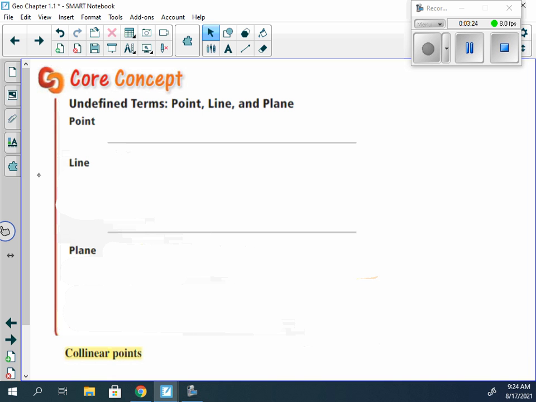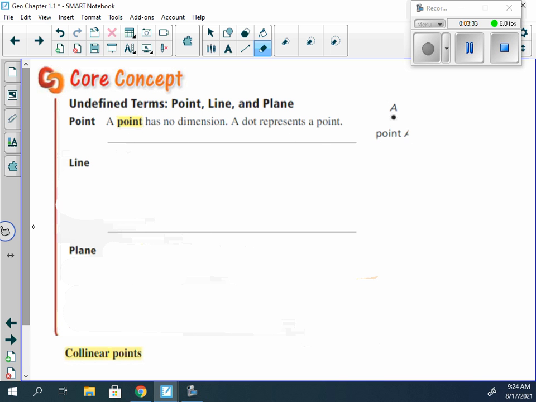Now, kind of delving into this here, our first thing on the notes is a point. And I'll turn the lights on so you guys can actually see. A point has no dimensions. A dot represents a point.